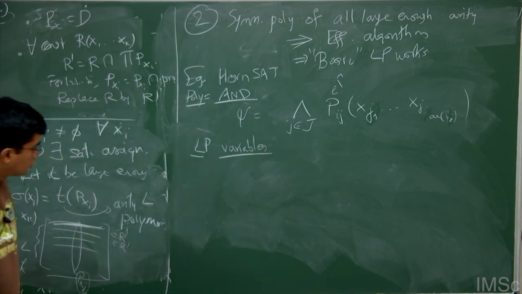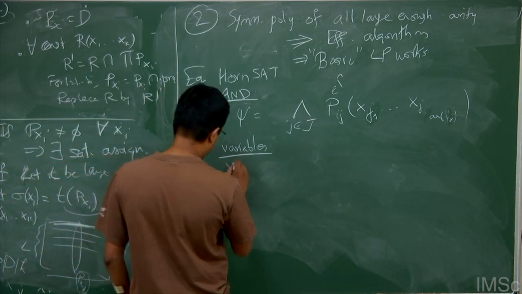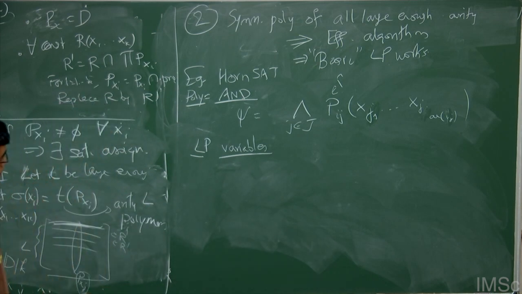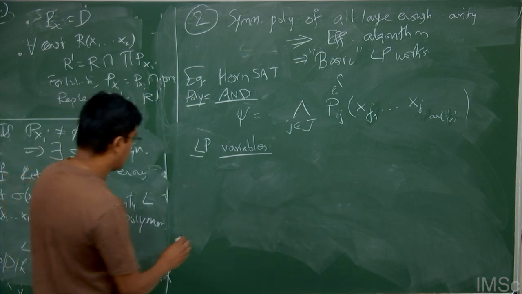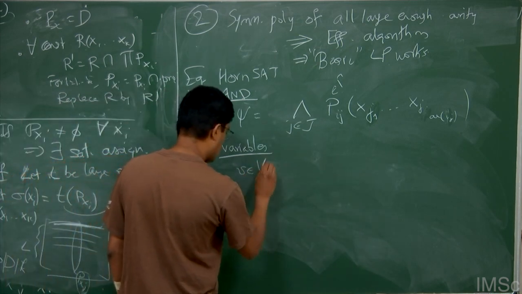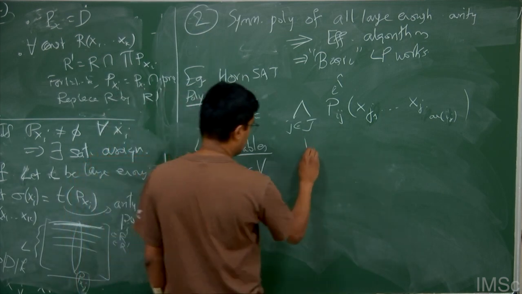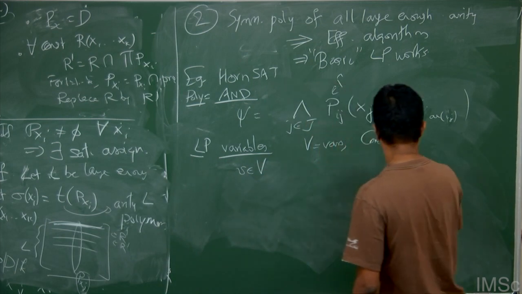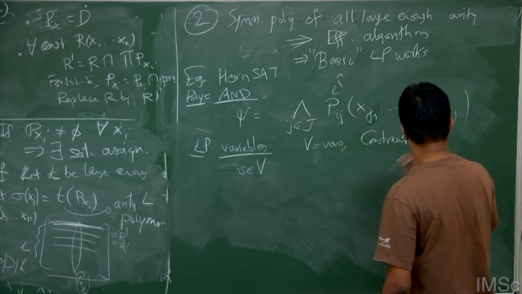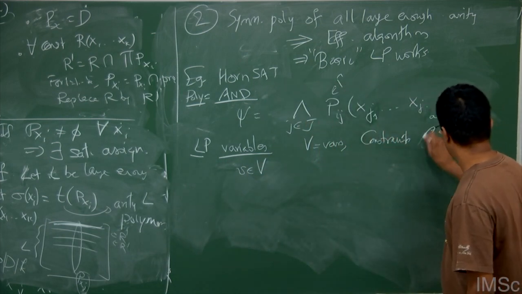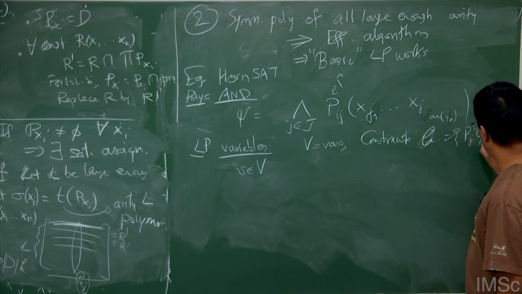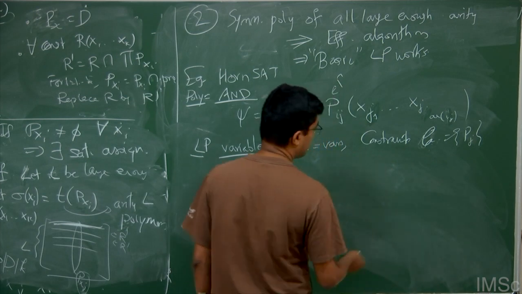Okay, so suppose I have variables v and constraints c, which are this collection of these Pijs.